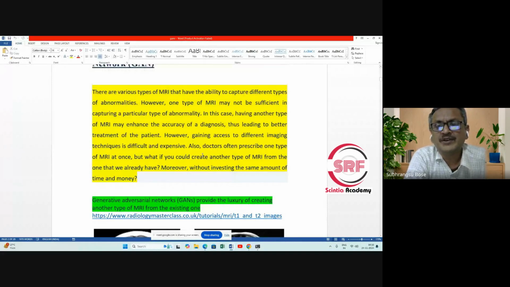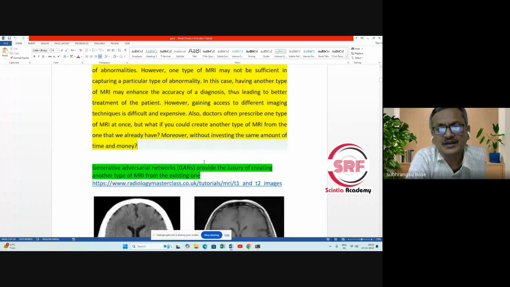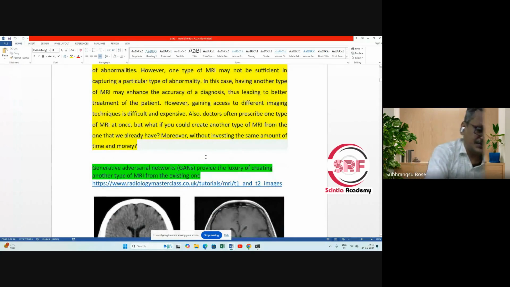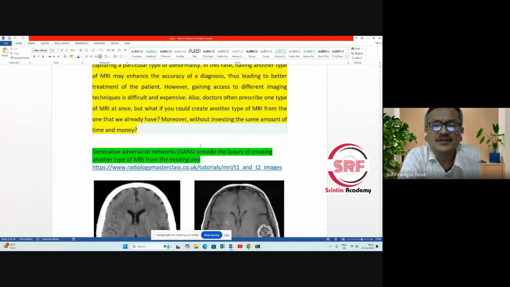One type of MRI may not be sufficient in capturing a particular type of abnormality, because there are components: fat, water, tumor cells, bones, cartilage, etc. That's why, to find any abnormalities, we should take different MRIs. Then we can find any problem in the brain.